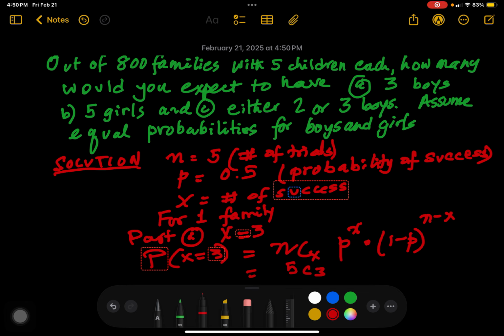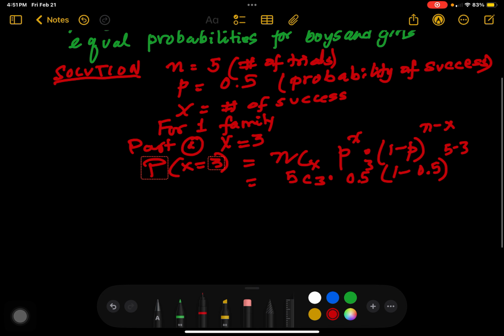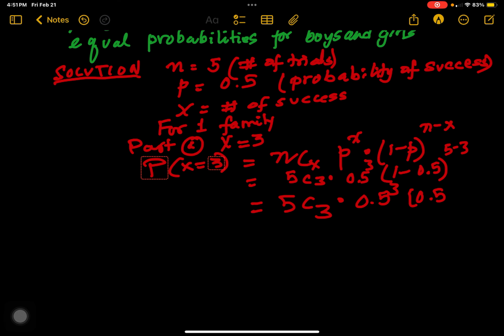That is multiplied by the probability of success, which is 0.5, raised to the power of x, which is 3, and 1 minus 0.5 raised to the power of n minus x, which is 5 minus 3, or 2.